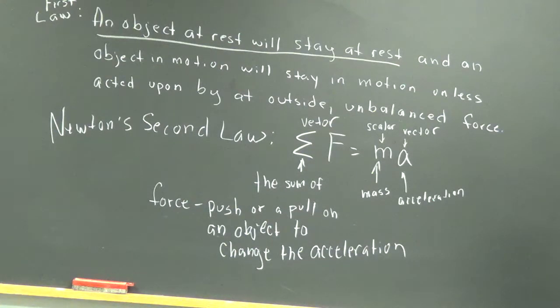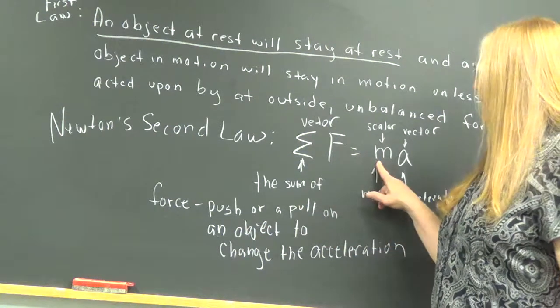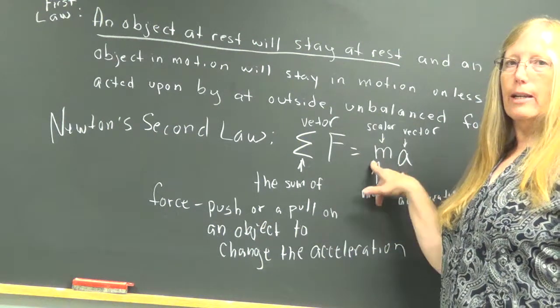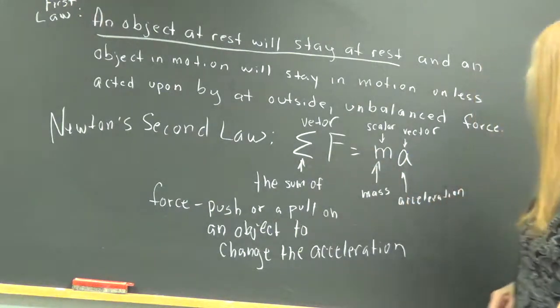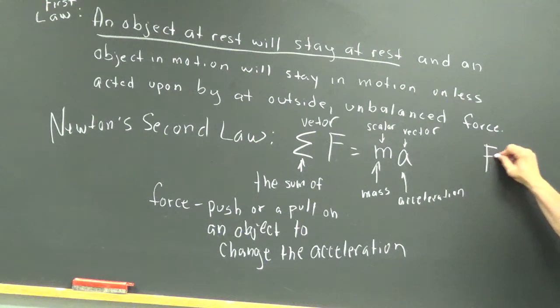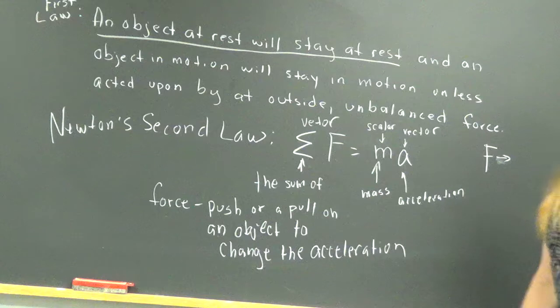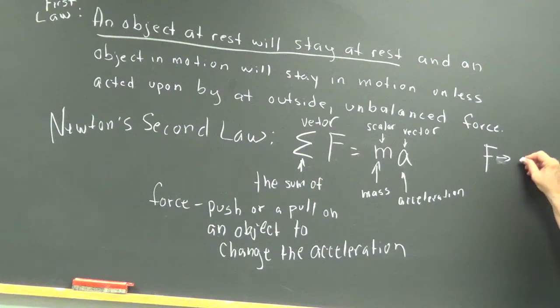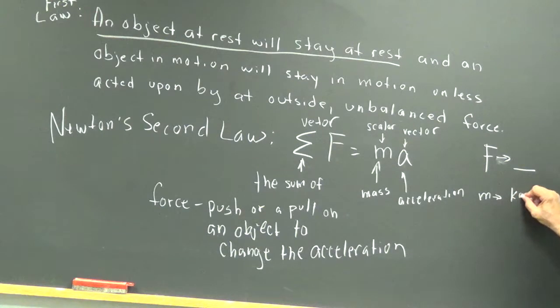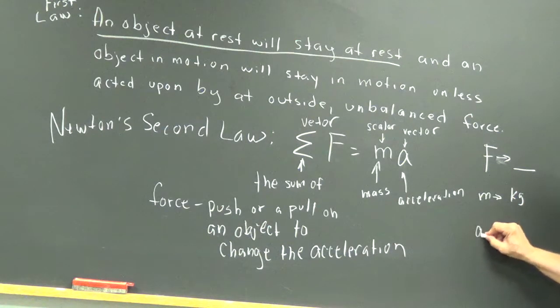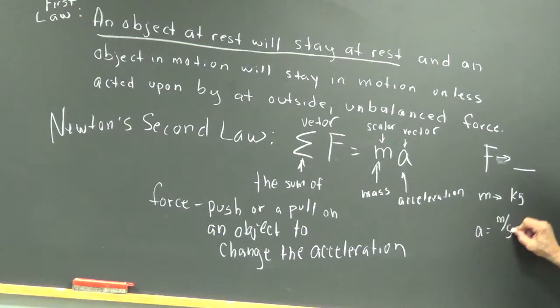Let's talk about the units for force. Since we know the units for mass and the units for acceleration, can we not multiply them together and get the unit for force? Force can be measured in the unknown unit. A typical mass is kilograms, and the typical acceleration is meters per second squared.